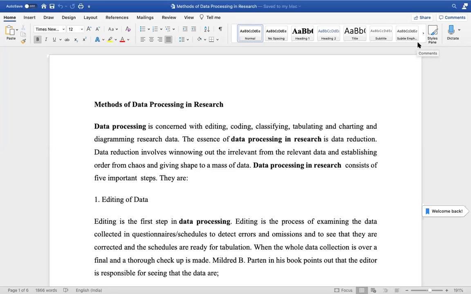Now we were seeing about collecting the data, pre-testing the tool to collect adequate data. And now after the data is all collected, there is actually a process to be followed. We call it data processing, right? In data processing, ideally, you will have to filter out.